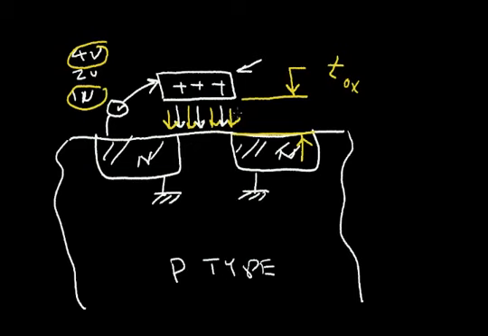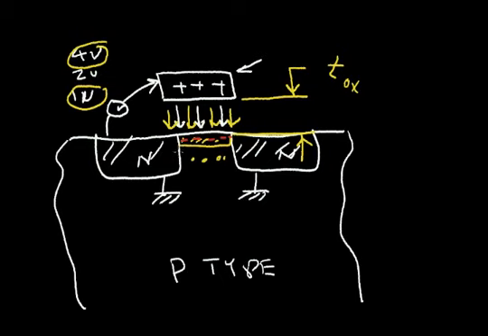And as this electric field is increased, the region at the surface of the wafer is affected. And recall that the electric field is the force on a positive charge, or a hole. So these holes are forced down, and electrons, or negative charge, are attracted to the surface by this electric field.